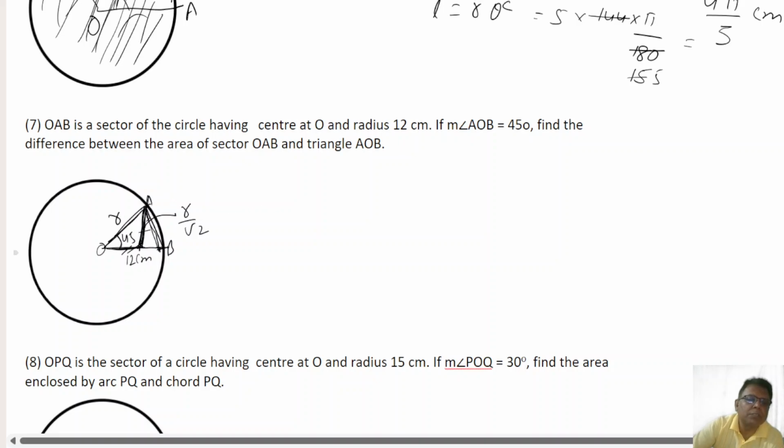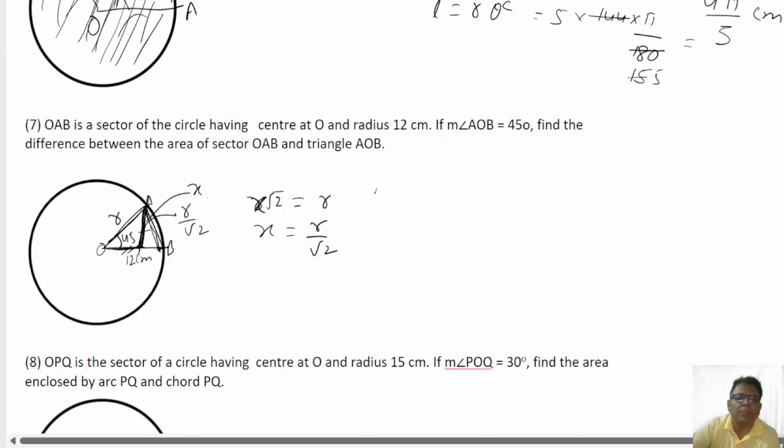Suppose this one is x. Then x root 2 will be r, that means x is equal to r by root 2. So this perpendicular length is r by root 2.